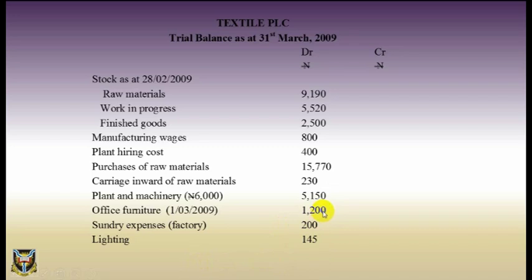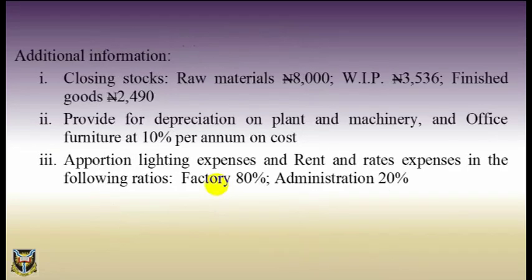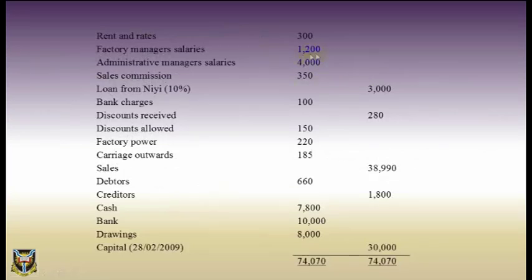1,200. Sundry expenses factory 200. Lighting 145. Rent and rate 300. Factory manager salaries 1,200. Administrative manager salaries 4,000. Sales commission 350.